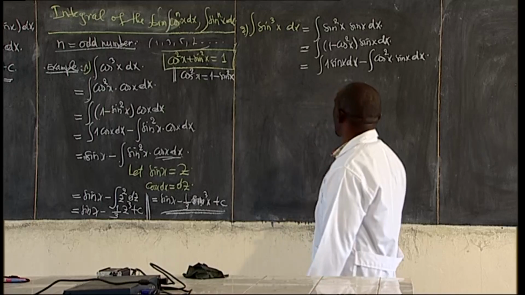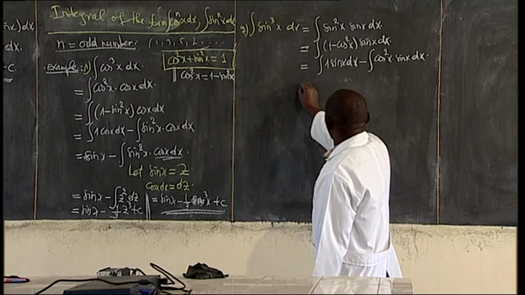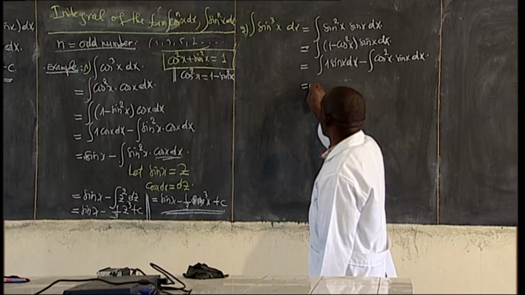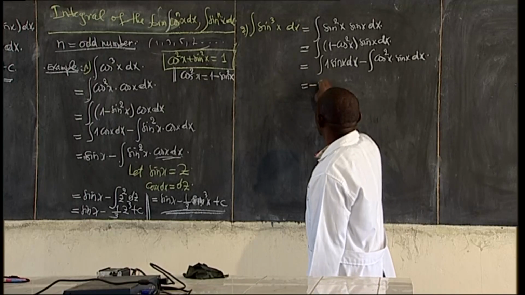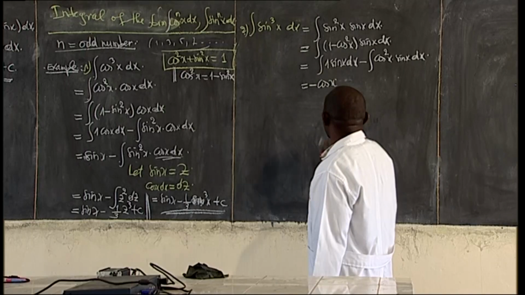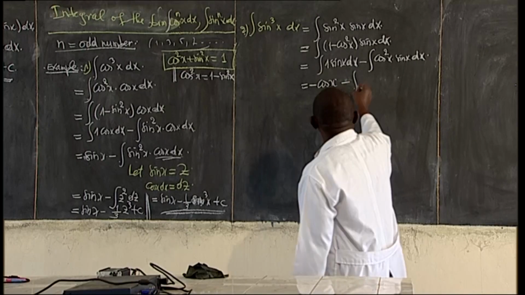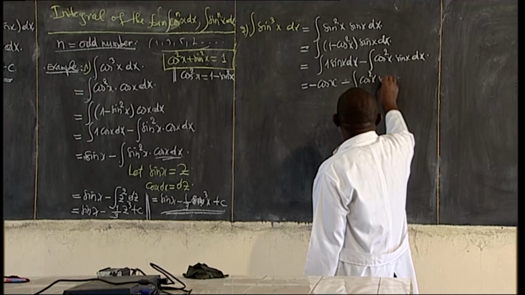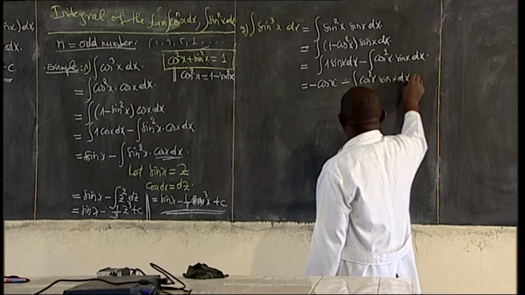Okay, very good. So the integral of sine x dx is known to be negative cosine x, then minus integral of cosine squared x times sine x dx.